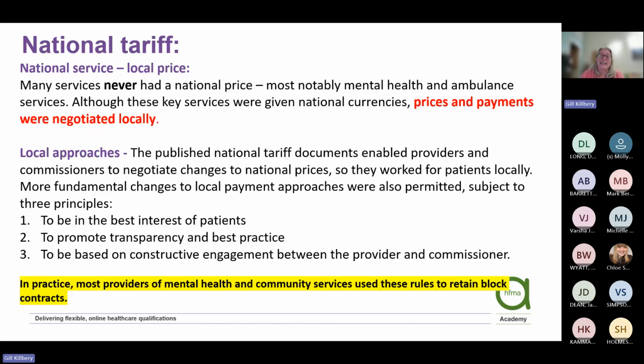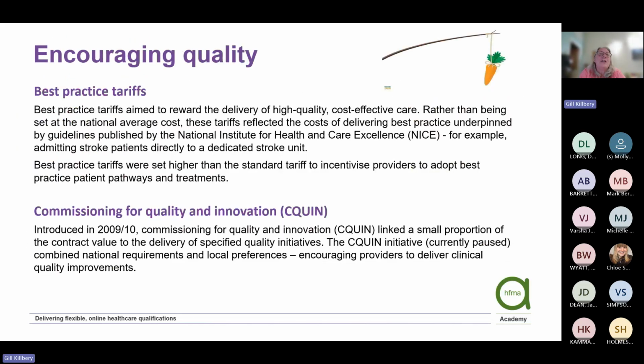We do still find that mental health community services, at least a good proportion of what they do, is often retained on a block contract. We are trying to move away from that. We do encourage quality.